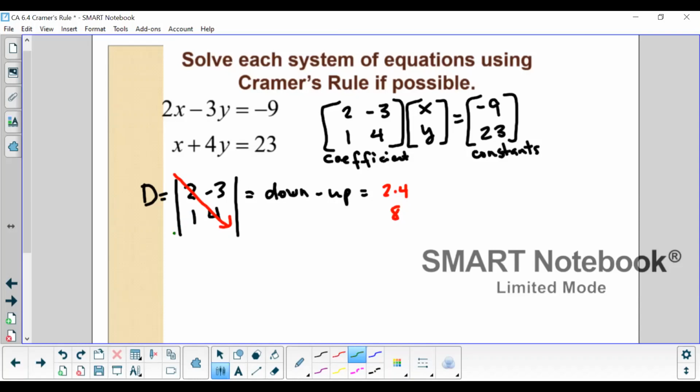And the up diagonal is 1 times -3, also known as -3. And we want to add those together. And that gives us 5. So capital D is 5. And we're just going to let that hang out here for a bit.